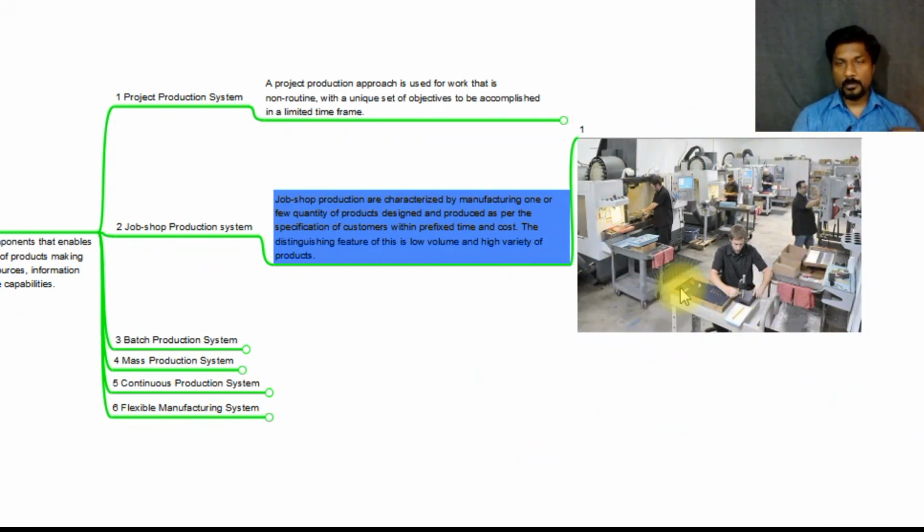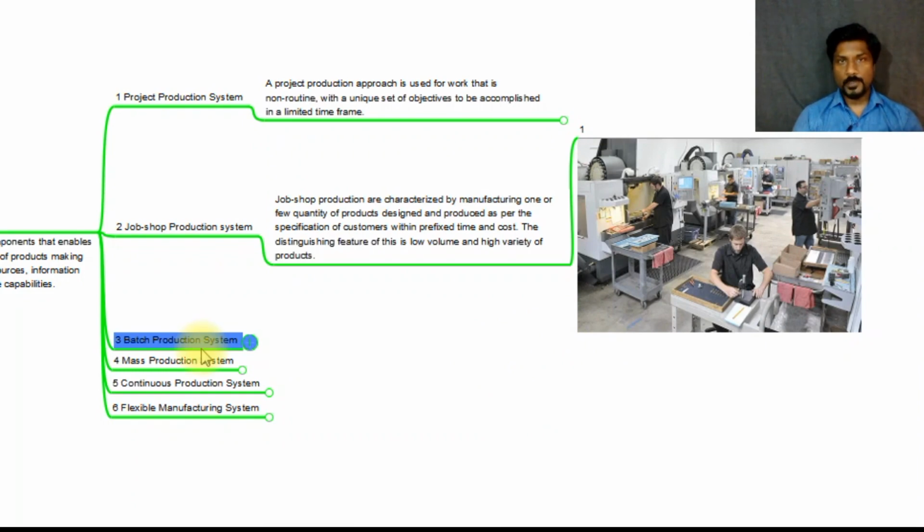You will have different machines with different functions, but these are usually machines which can do multiple operations, so they are referred to as general purpose machines. These general purpose machines can be used to produce a variety of outcomes in a larger quantity compared to a project production system.